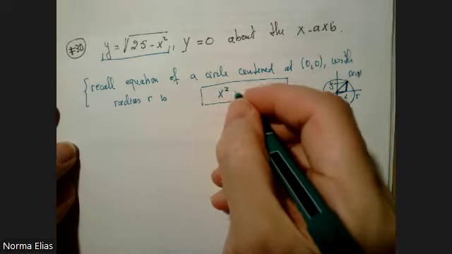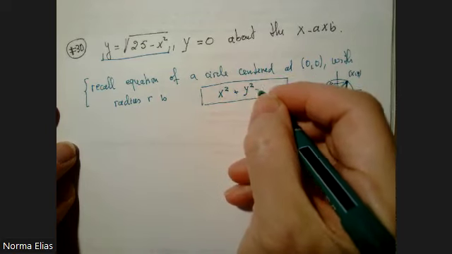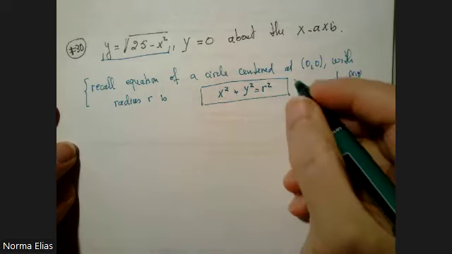So the equation is x squared plus y squared equals r squared.